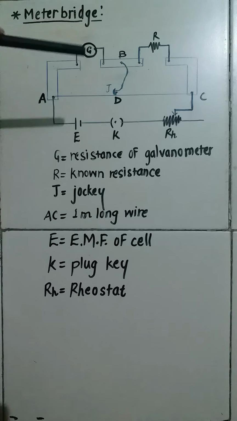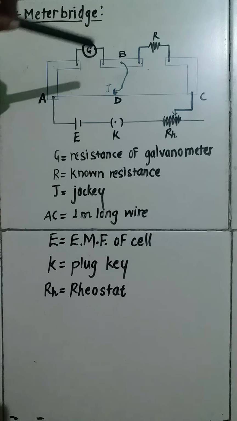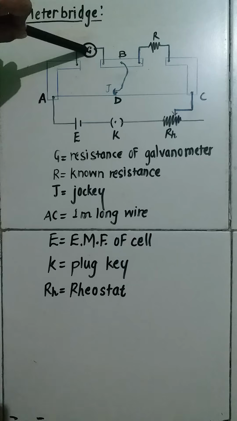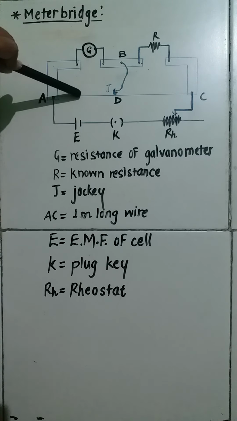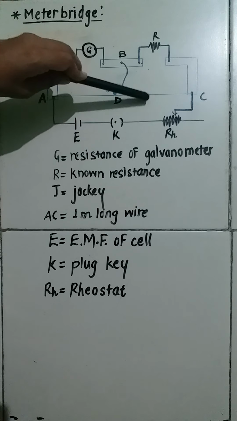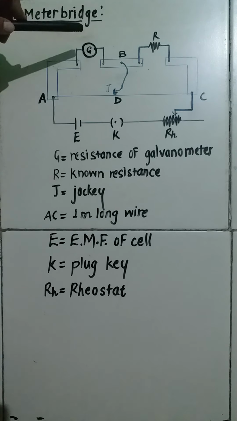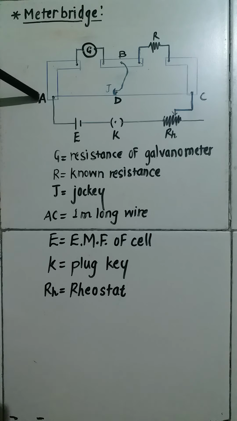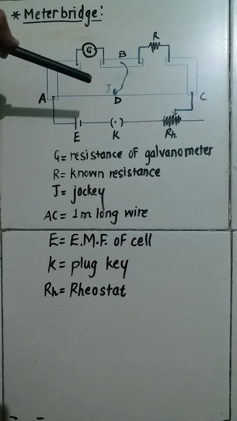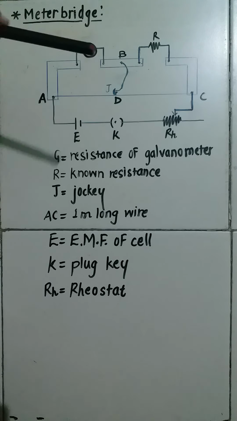And here we use the balancing condition. What is that balancing condition? Resistance R1 upon resistance R2 is equal to resistance R3 upon resistance R4. That is, G upon R is equal to resistance of wire of part AD upon resistance of wire of part DC.